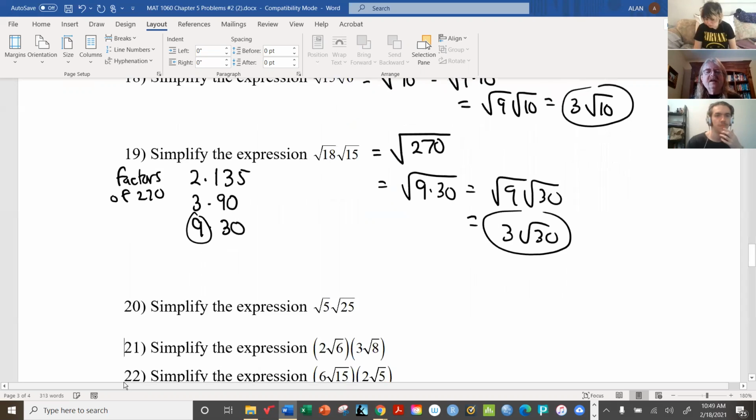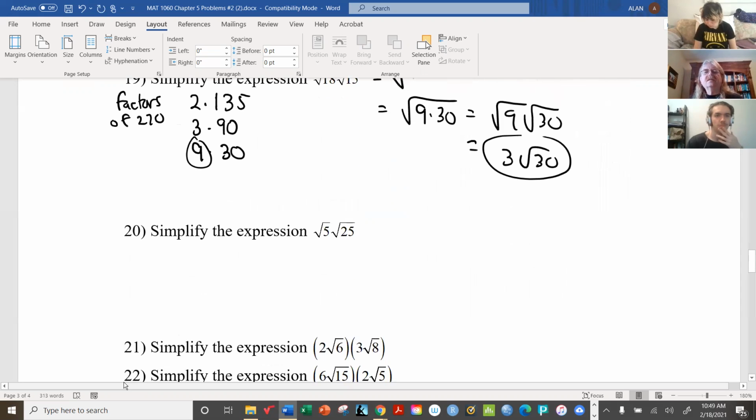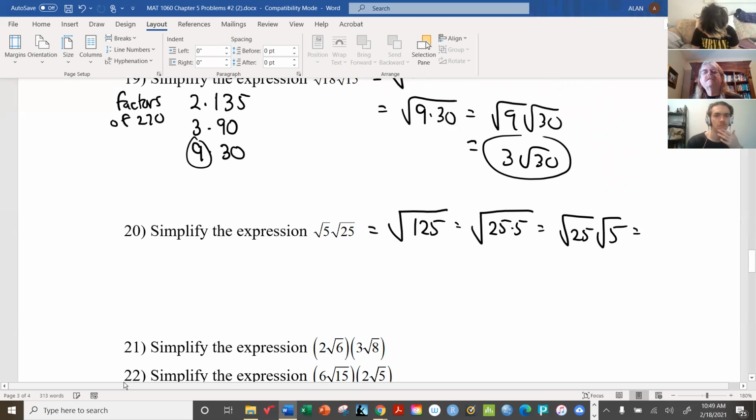Now, this one, we can actually approach it in 2 different ways. You can start by saying, well, this is the square root of 125, which is in turn the square root of 25 times 5. But you know what?